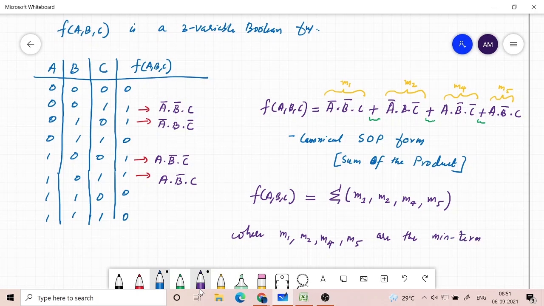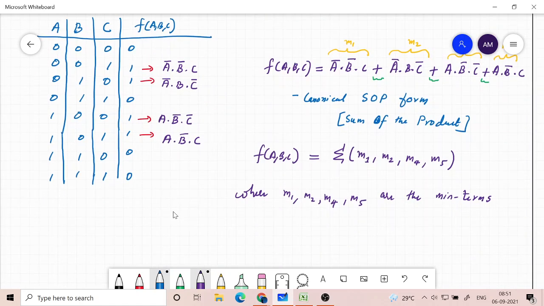They are called the min terms. They are the min terms present for the given Boolean function.